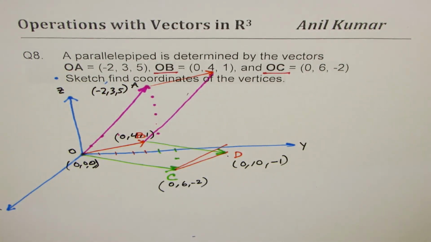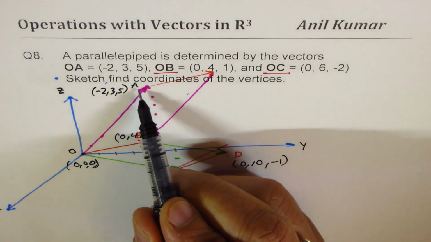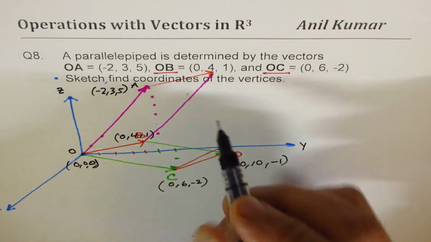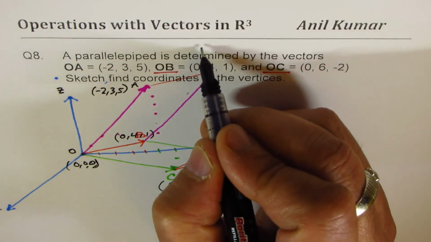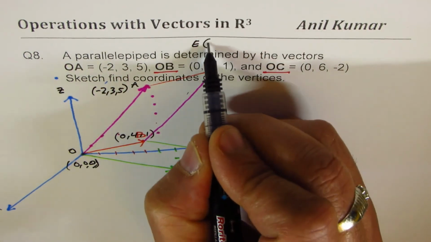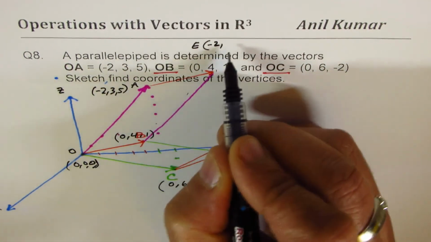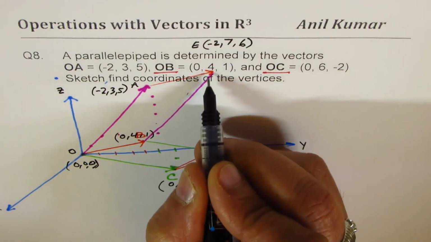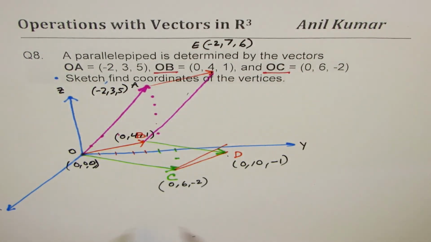Those points will be a combination of OA, and we added OB to it. So this point, let me call it E, for example. The coordinates will be, we have to add these. So it is -2, 4 plus 3 is 7, and 5 plus 1 is 6. So we get the point E now.